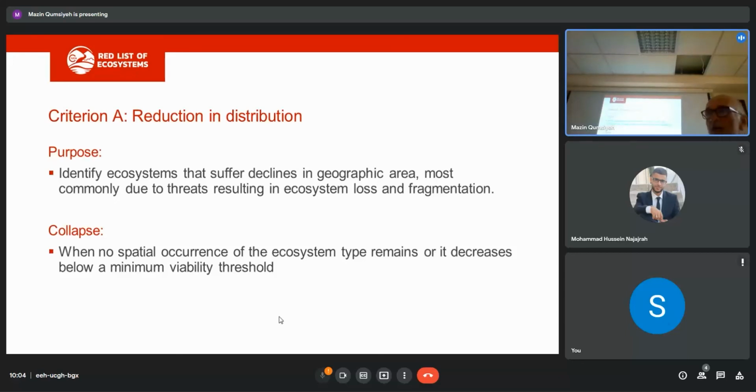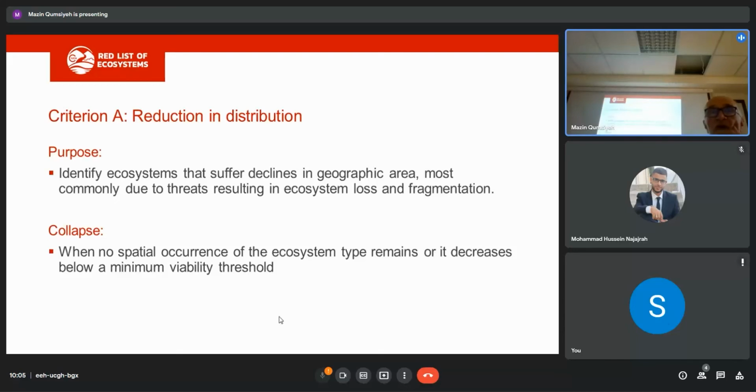It can be assessed either globally, at the world or Earth level, or regionally, at the national level. Okay? The purpose is to identify ecosystems that suffer declines in geographic area. So they are reducing, and it's a way to assess that.